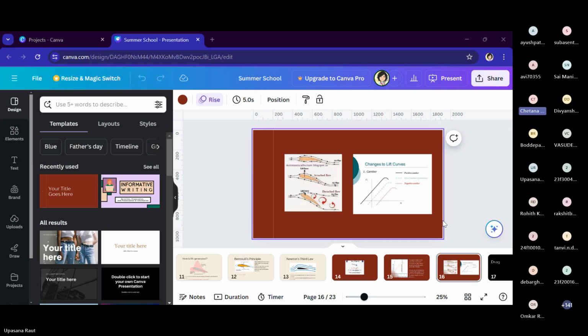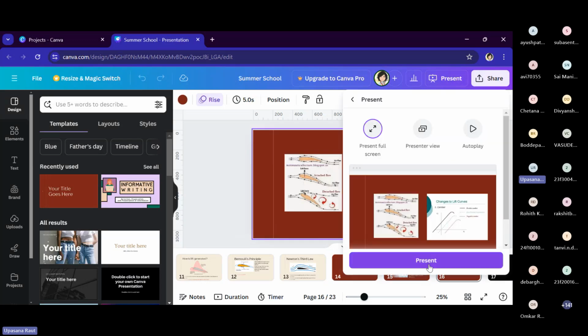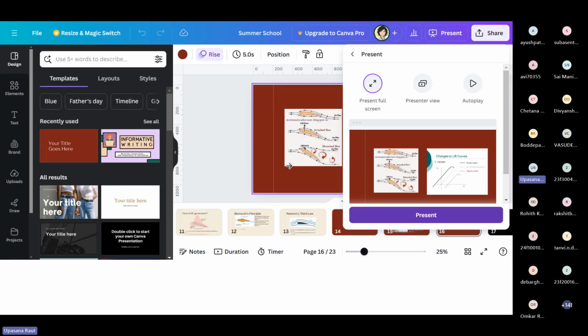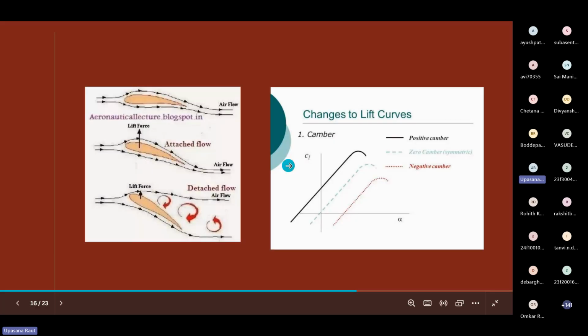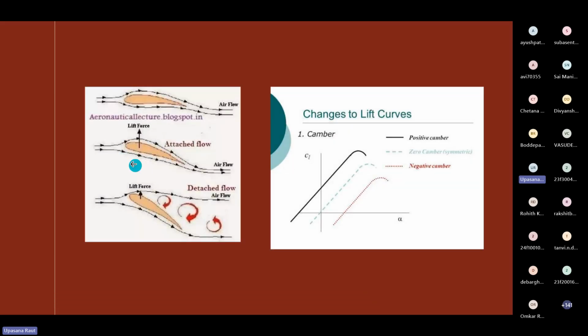Can you explain how lift increases when camber is increased? Okay, so if we increase the camber of the airfoil, the curvature of the airfoil increases. If the curvature increases, more air would be deflected around the airfoil.